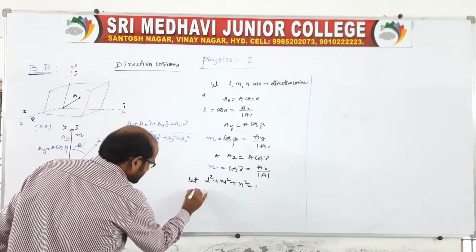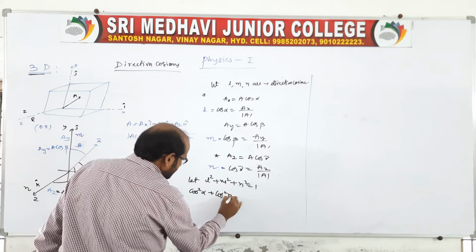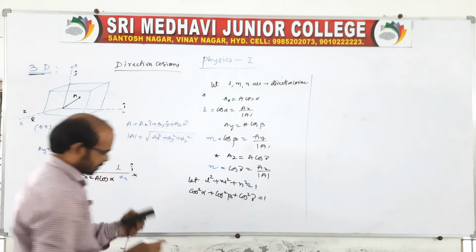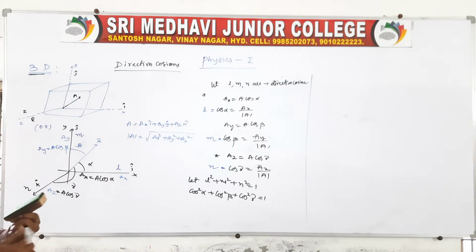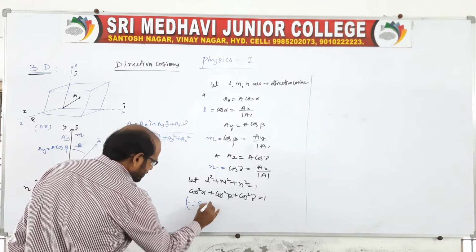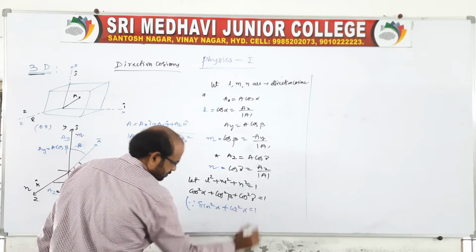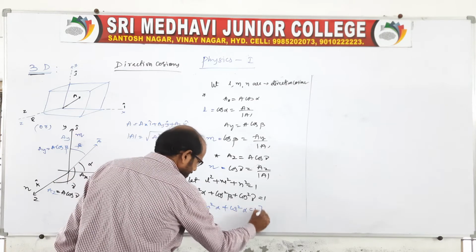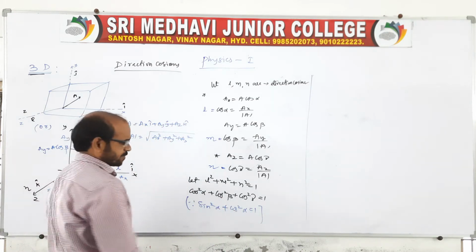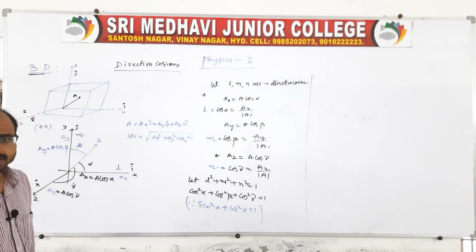Simply, it is cos square alpha, M is cos square beta, N is cos square gamma, equal to 1. And there is one trigonometry identity, that is sin square alpha plus cos square alpha is equal to 1. Like you take the next angle also, sin square beta plus cos square beta is equal to 1. For the next angle, cos square gamma plus sin square gamma is equal to 1.